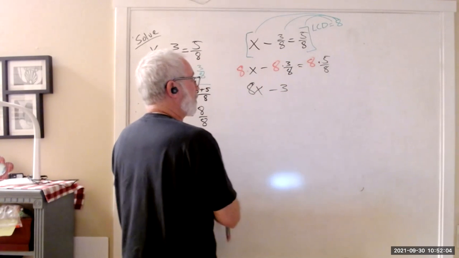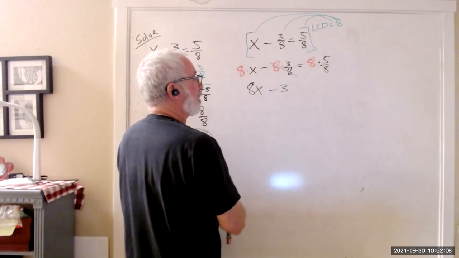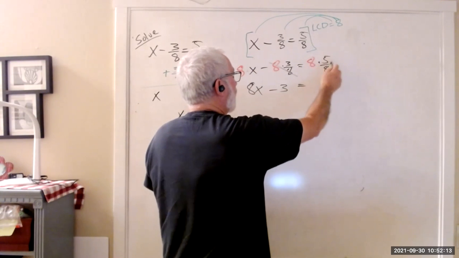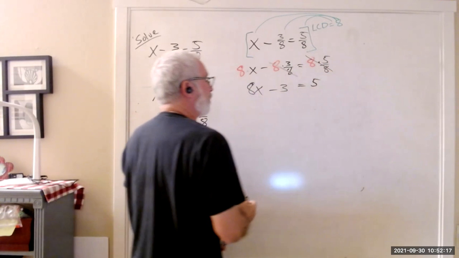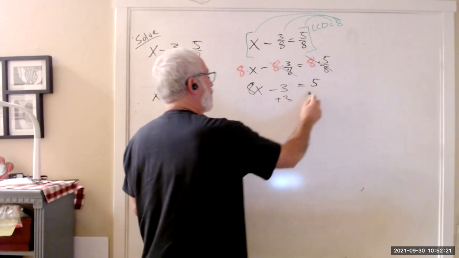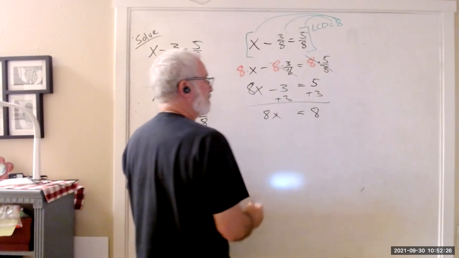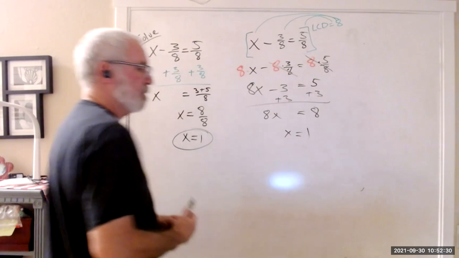It'll just simplify to 3. Or these 8s will cross cancel with each other. Equals 8 times 5 is 40 divided by 8 is 5. Or you could say they cross cancel. So then you add 3 to both sides and you get 8x equals 8. If you divide both sides by 8, you still get x is 1.